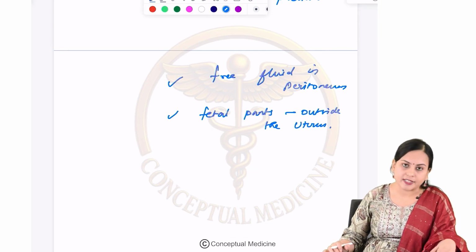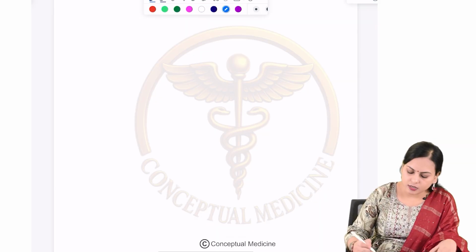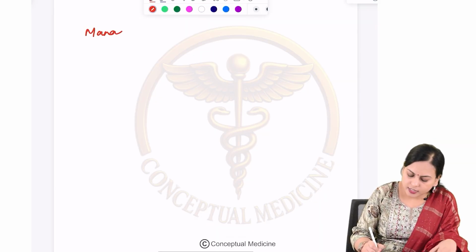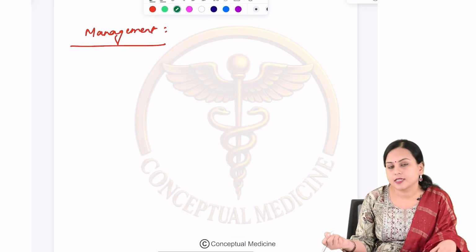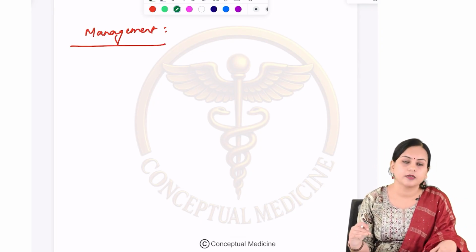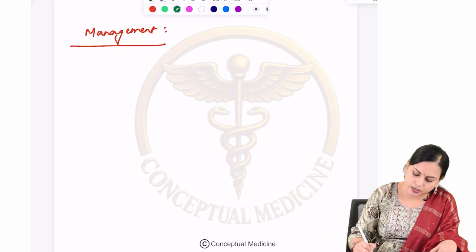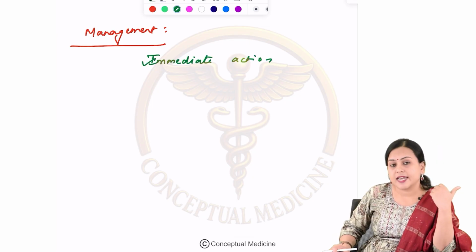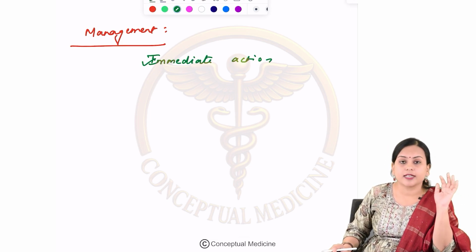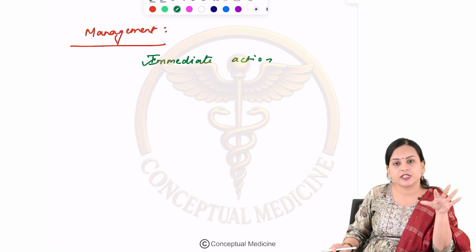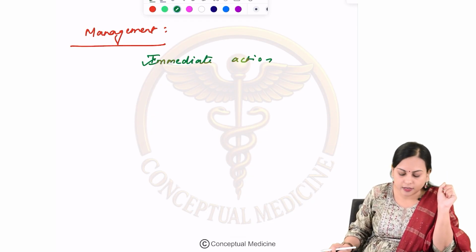So, how are we going to manage this condition? So, management of this condition, since this is an obstetric emergency, action should be immediate. Okay. So, you should take immediate action, because any delay in delivery, resuscitation or surgery can lead to increased risk of maternal as well as fetal mortality and morbidity, right?